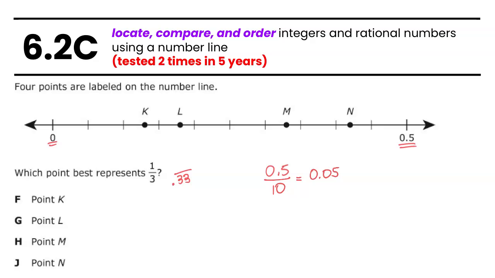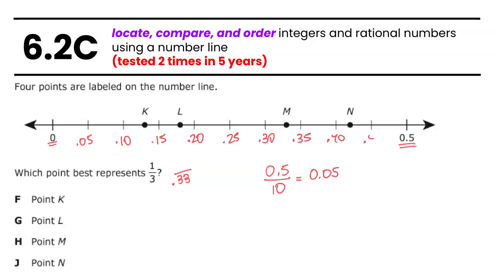Dividing by 10 just moves that decimal place one spot over to the left, and so that tells me that each of these are going to be 0.05, and so 0.05 there, add 0.05 to get 0.10, then 0.15, then 0.20, 0.25, etc., all the way up until I finish off at 0.5.